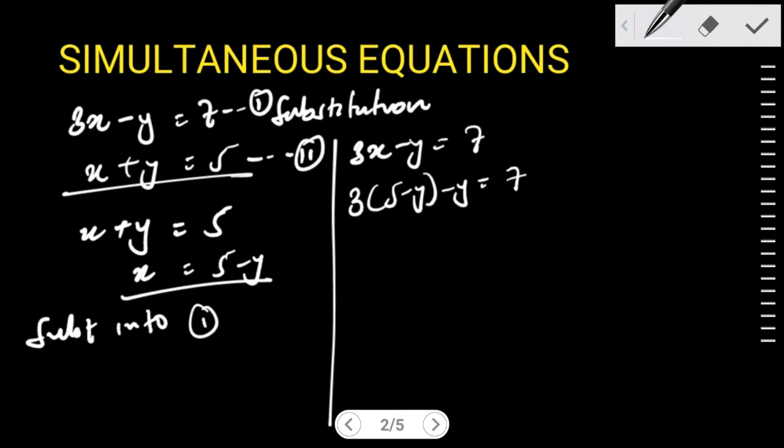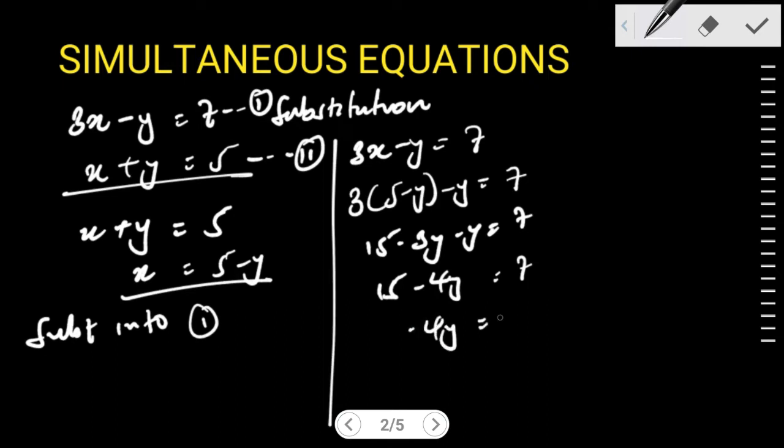And therefore this would be 15 minus 3y minus y equals 7, and I have 15 minus 4y equals 7. Therefore negative 4y would be equals to 7 minus 15, and so negative 4y equals negative 8 in this case.